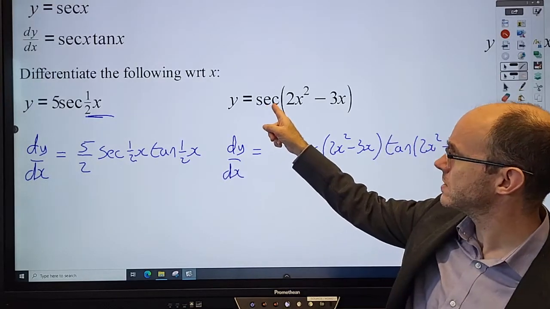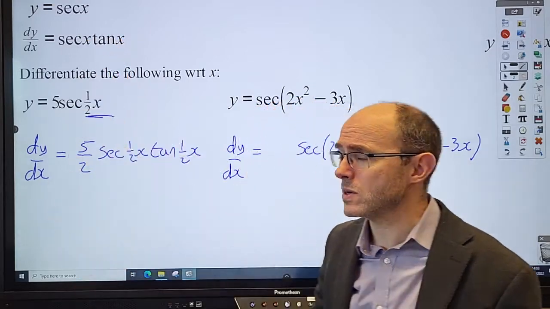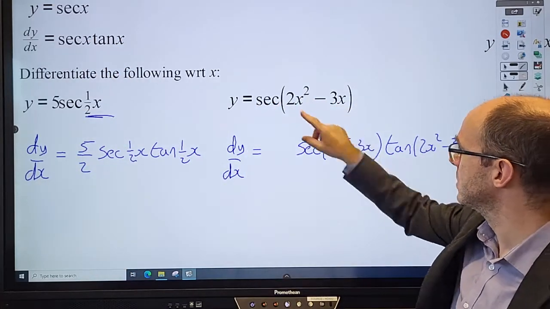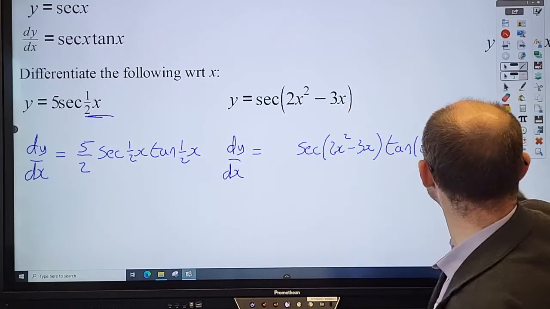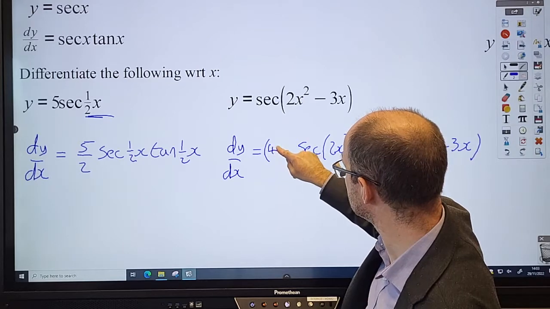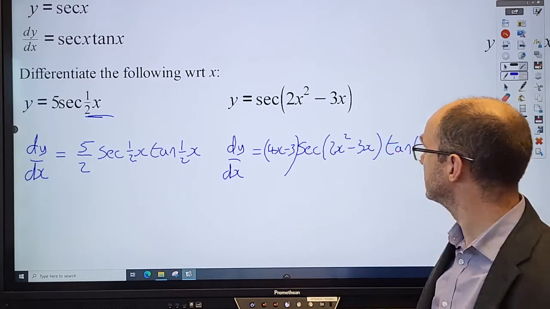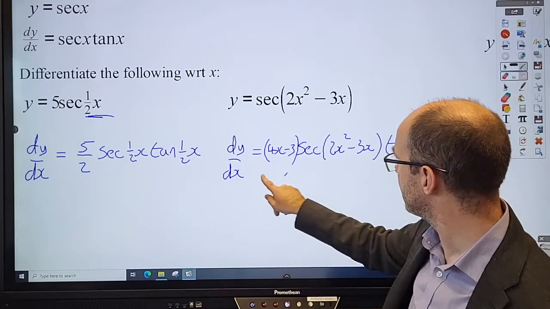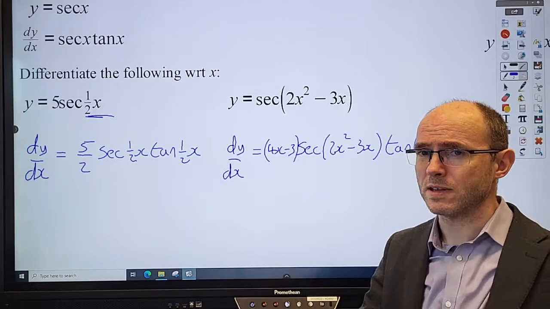When you're differentiating sec, you always get sec the angle, tan the angle. The angle never changes. So this is the angle, so just put it in there. Then we differentiate what's in the brackets, and that becomes our coefficient. So differentiate that, we're going to get 4x - 3. Just squeeze it on there. But the bracket is a bit large, isn't it? There we go. That's it. Really is as simple as that.